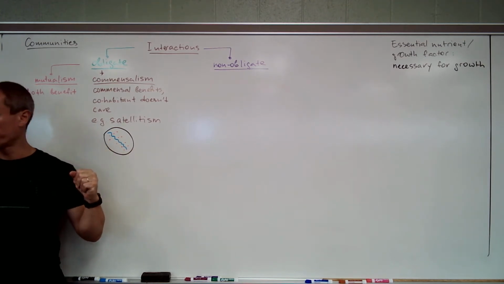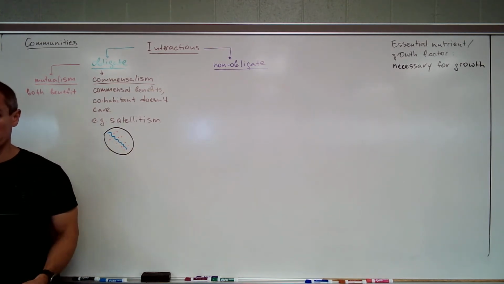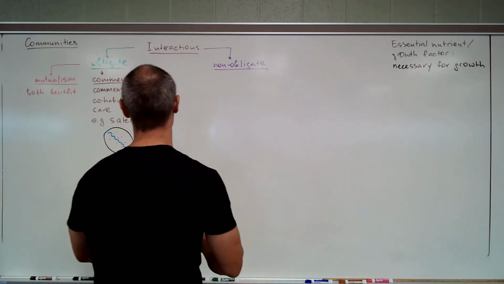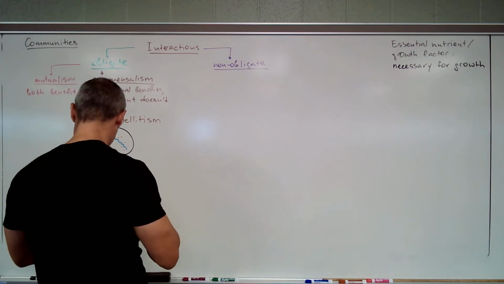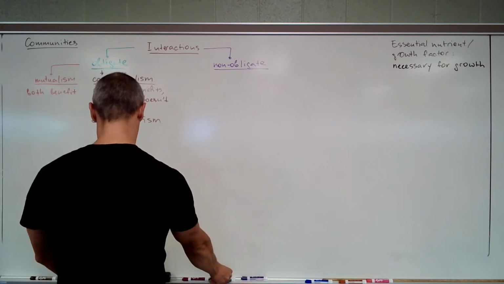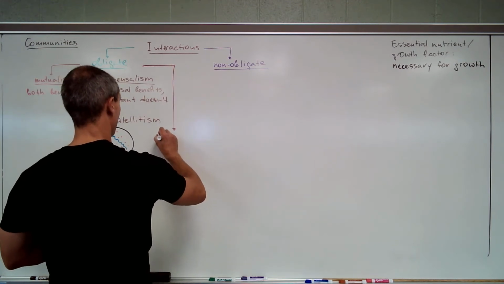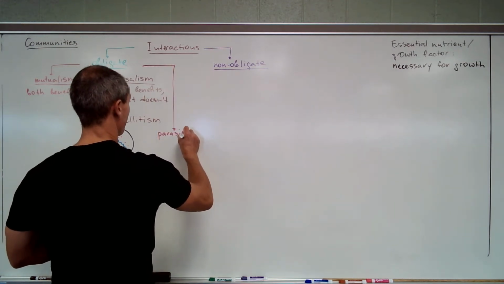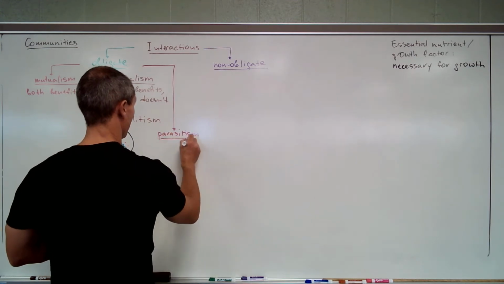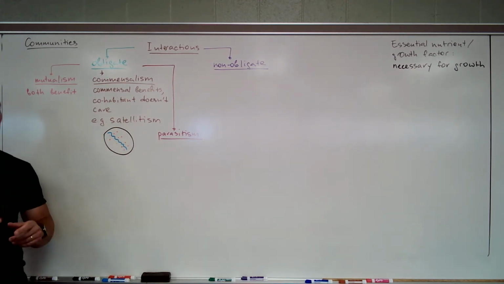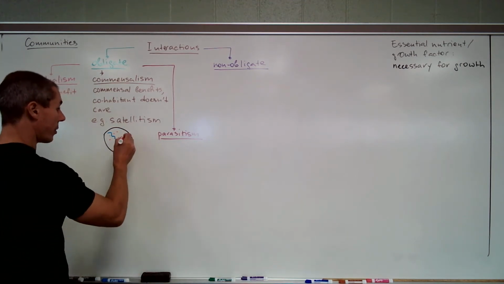We good? Moving on. Now the third type of interaction, which from a clinical standpoint is one of the most crucial ones, is parasitism. Okay. Go ahead. Commensalism, so the red would be the commensal. Yes, red, absolutely. Thank you for reminding.